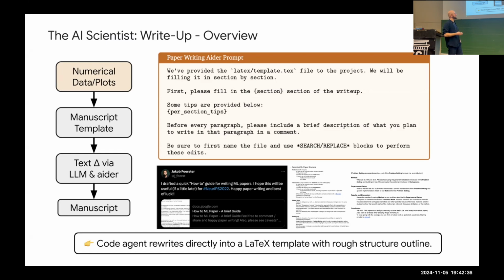And then again, we use foundation models to fill in the sections, giving the numerical results as well as text data summarizing the experiments. And we do so in multiple passes. We first write a rough version, and then we iterate over it and mimic how humans would also write a paper.